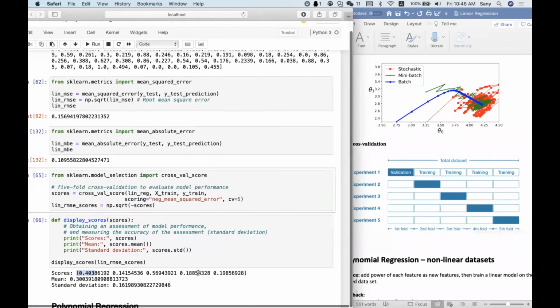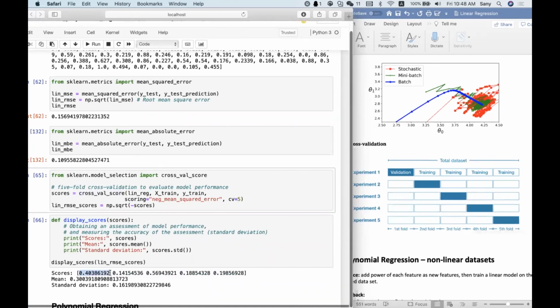I have shown them here. These scores are calculated based on the mean square error, but I just took the square root and put a negative symbol, and this score stands for the root mean square error.